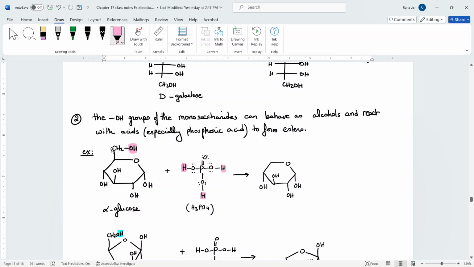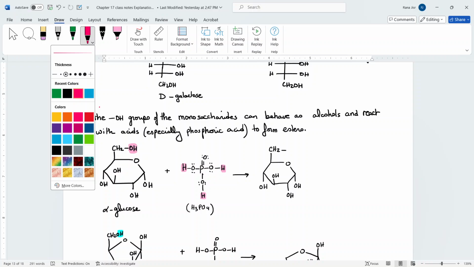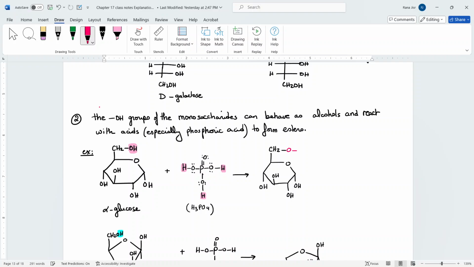And you're going to form a bond between the carbon and the oxygen of the phosphoric acid. So actually you're going to form a kind of a phosphate ester in this case. So your product is going to be a CH2 in there, and then the rest of the phosphate molecule without the hydrogens. So you're going to have the O.